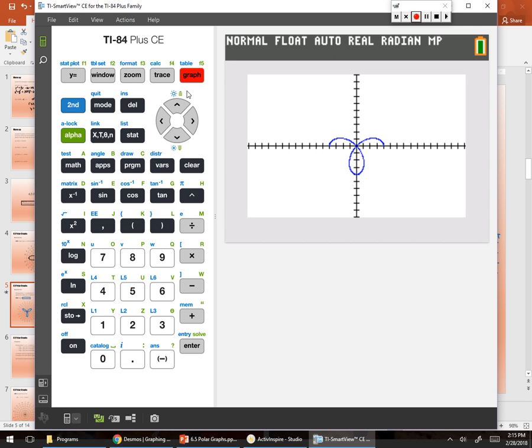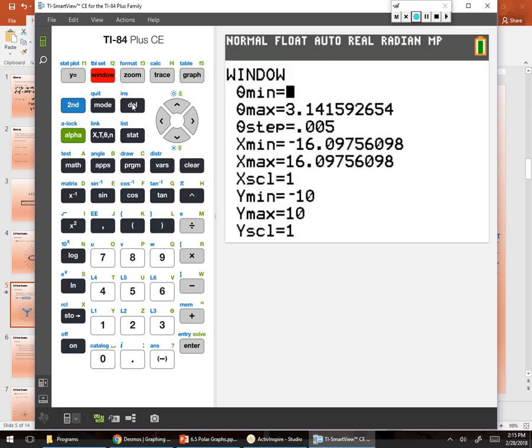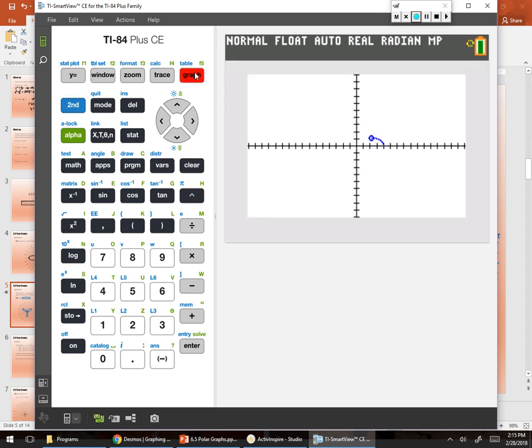So check it out, guys. Something wrong has happened. That's not right. Do we need 0 to 2 pi on this one? On the first one, we need 0 to 2 pi. Isn't that weird? And it only goes around one time.